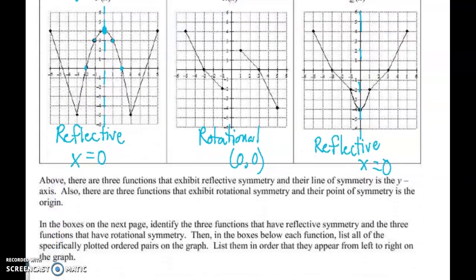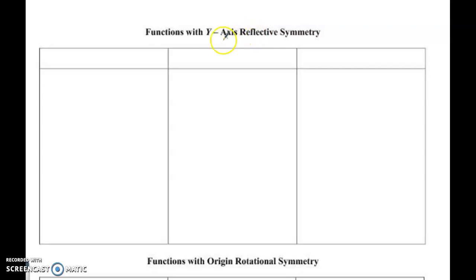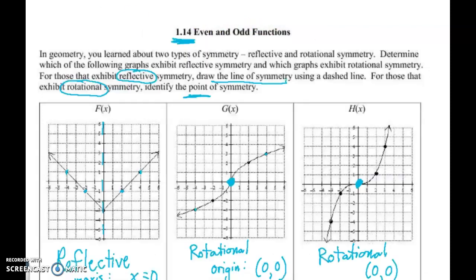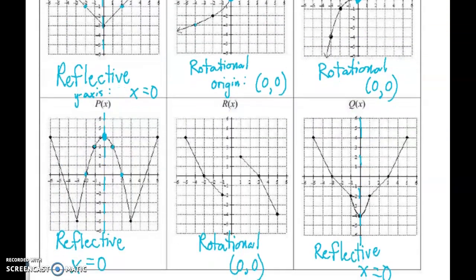I'm good either way. So what we're going to do is investigate this a little bit further. You can read these notes on your piece of paper, or pause and read it on the slide, and I'm going to move on to the next. What you're supposed to realize is there's y-axis reflective symmetry for the functions f, p, and q.